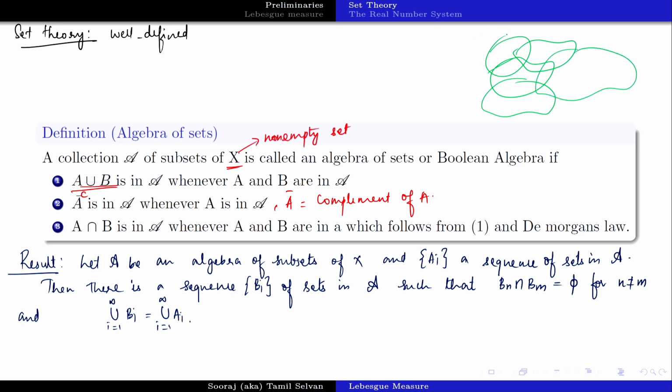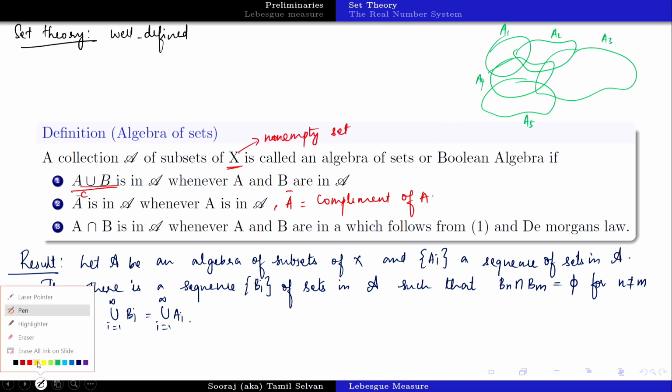Let me name them as a1, a2, a3. Let this be a4 and let this be a5. So likewise, you have some countable collection. A sequence means the entries of the sequence form a countable set, that is, the distinct entries of the range of a sequence form a countable set. So initially I just gave you this idea.